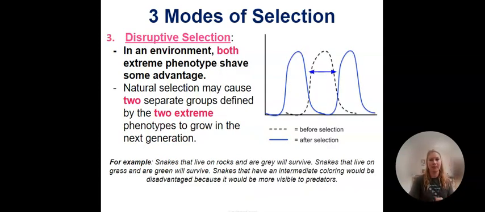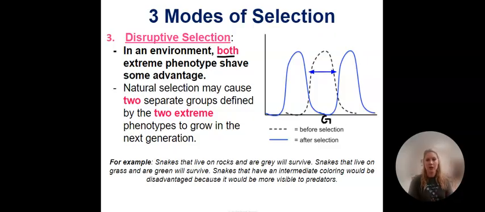And then we have disruptive selection. This is the third type of natural selection. Disruptive selection occurs when you have both extremes that have some type of advantage within the environment. In this example, we're talking about snakes that live on rocks. If they're gray, they survive.